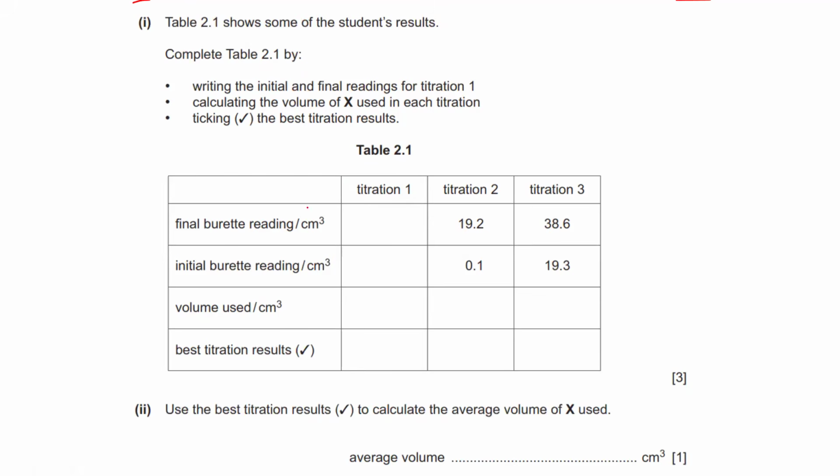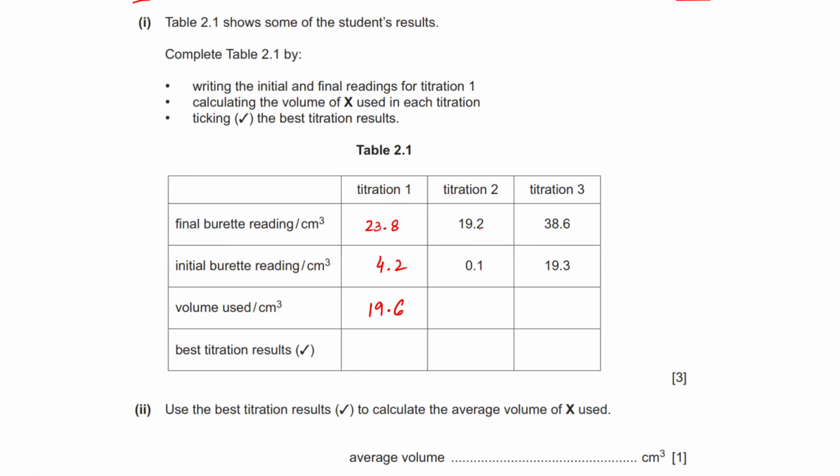Okay. So titration 1, the final value of the burette was 23.8. Write it down. The initial value was 4.2. For volume used, we just subtract these two. This value will come out to be 19.6.